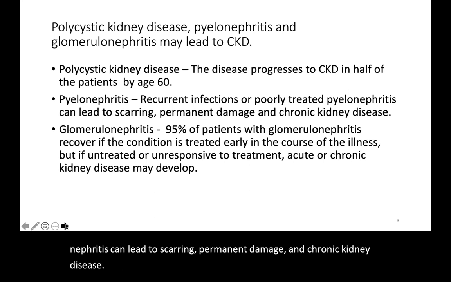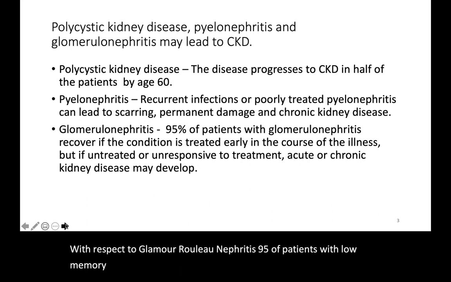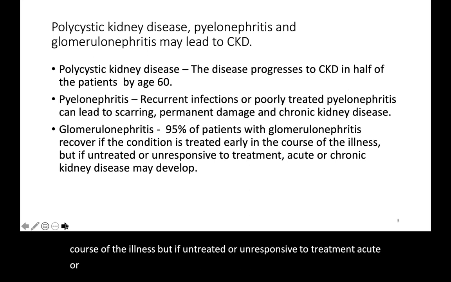With respect to glomerulonephritis, 95% of patients recover if the condition is treated early in the course of the illness, but if untreated or unresponsive to treatment, acute or chronic kidney disease may develop.